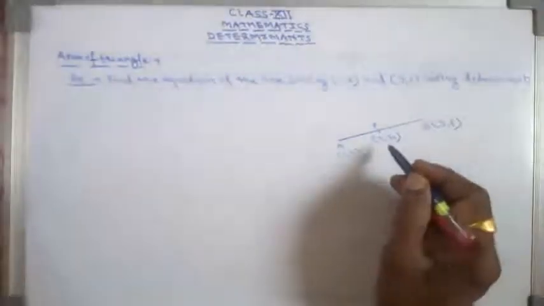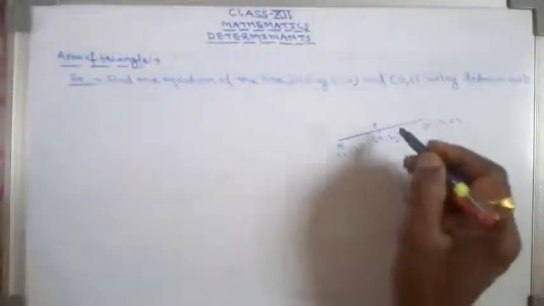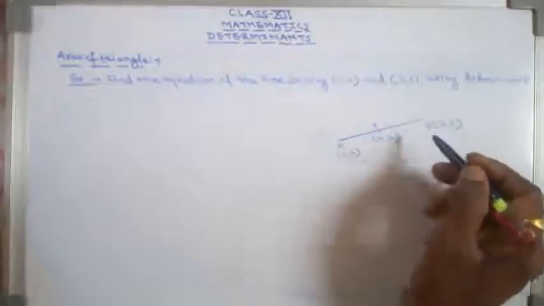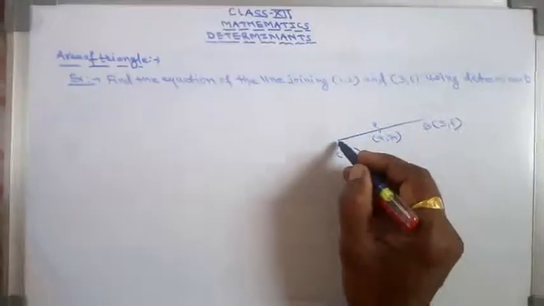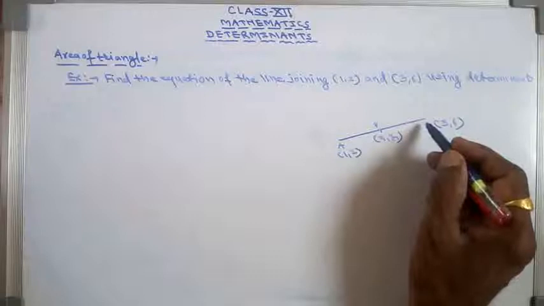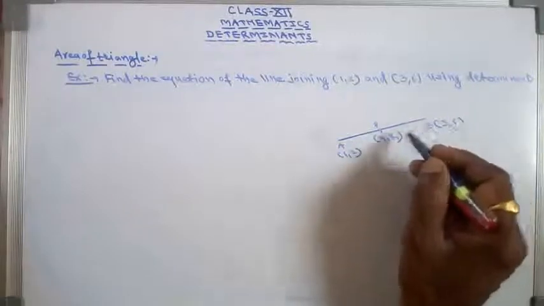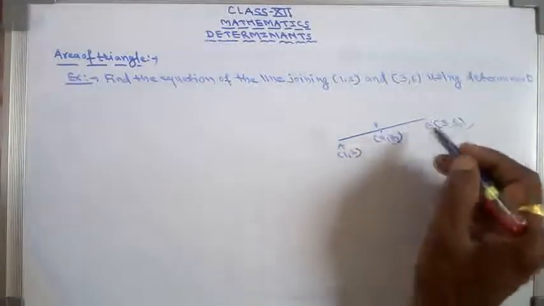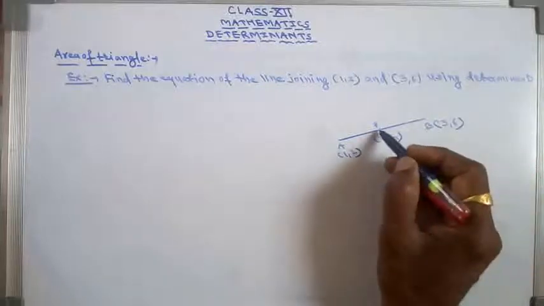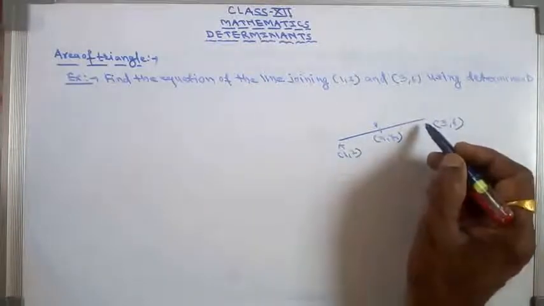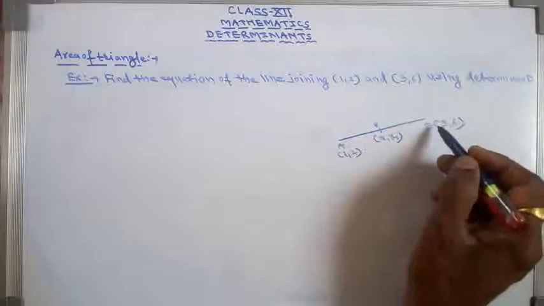As AB is a line, the area of this triangle will be 0, because all these three points are collinear. I have taken this point P on AB, therefore A, P, B are collinear.